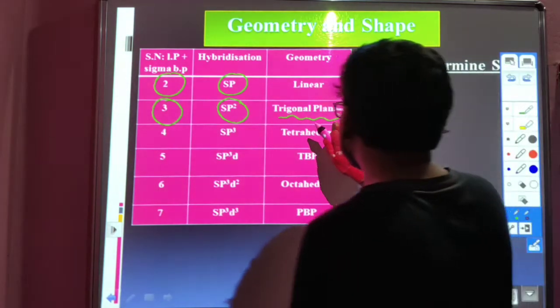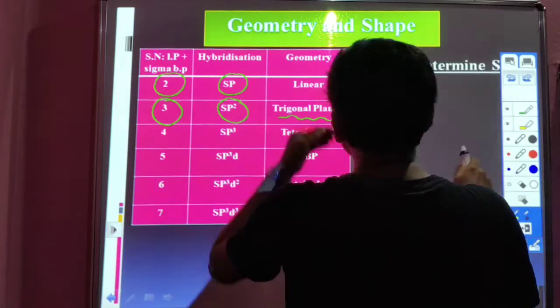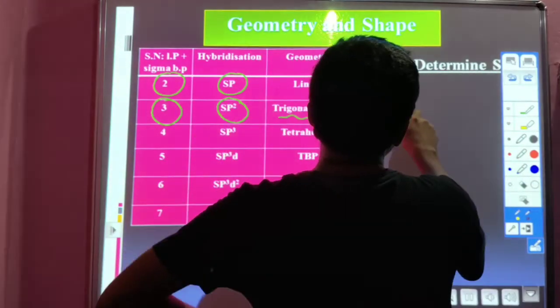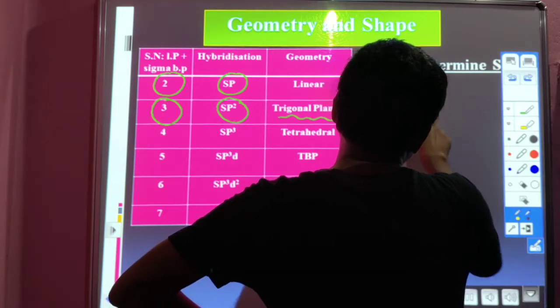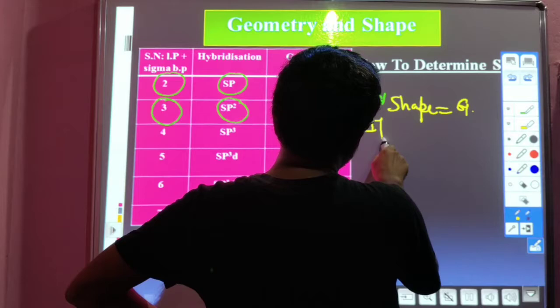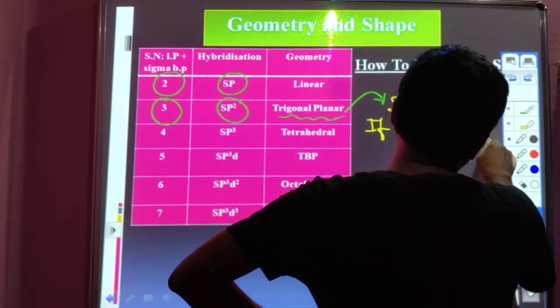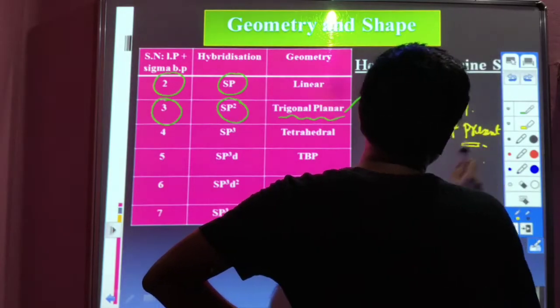But in this case, shape is equal to geometry if no lone pair present.